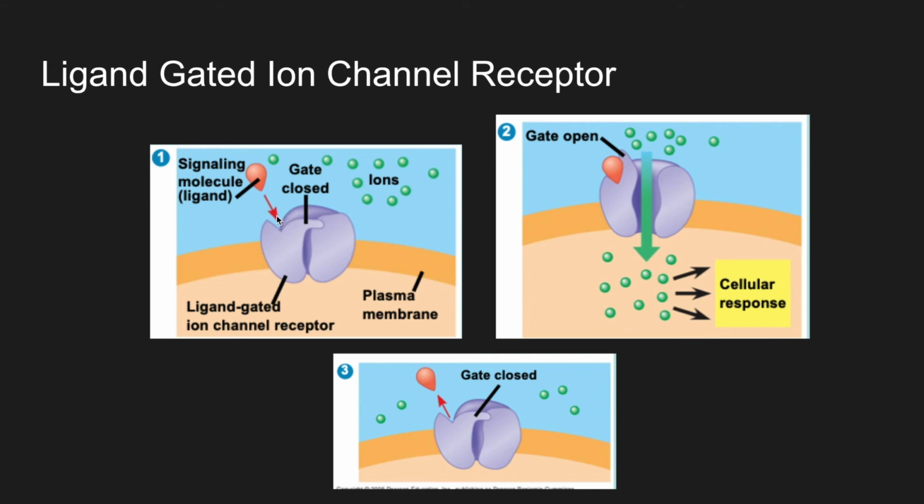Once it's bound to the protein, it'll allow that channel to open. The opening of the channel will allow the ions to rush in, and then when the ions are all inside, the gate is going to close and that signaling molecule is going to leave its binding site. And those signaling ions that went through will invoke a specific cellular response.